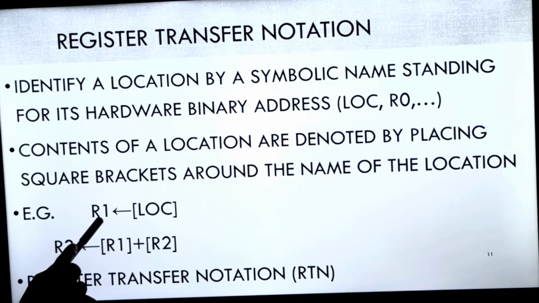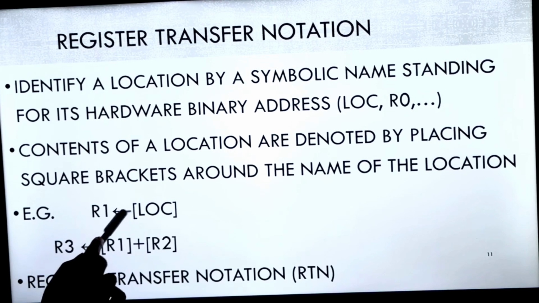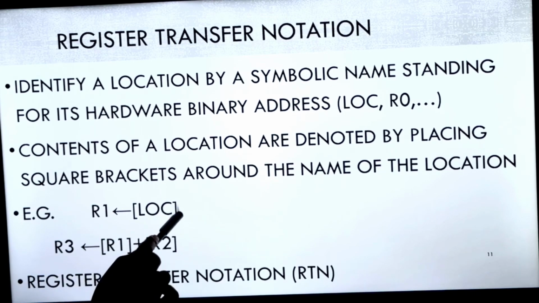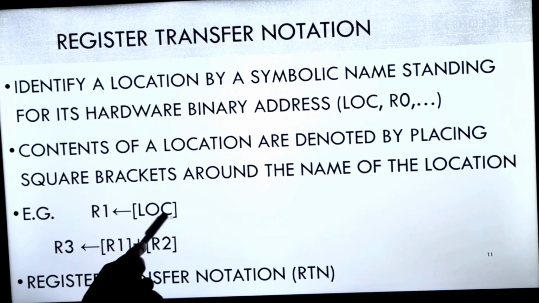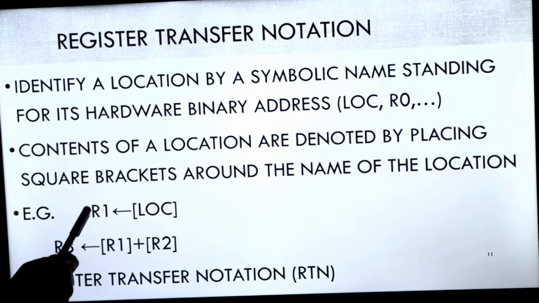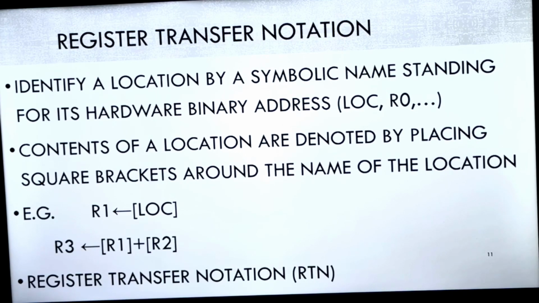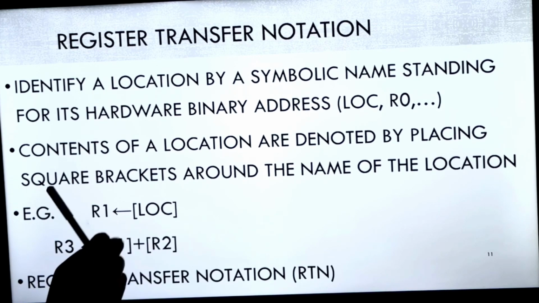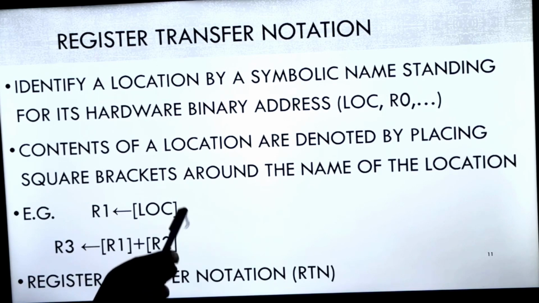See what I am doing: R1, this arrow symbol, then in square brackets LOC. This LOC is nothing but the memory location. You want to transfer some memory location to register R1. What is a register and what are the general purpose registers? I have already discussed in video number 1. Please go back and watch it if you have any doubt. So from main memory to register, if you want to transfer anything, this is how we write. That's it. This is the first code, first line.